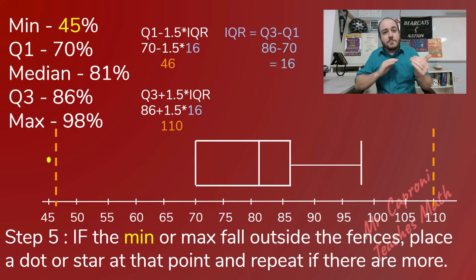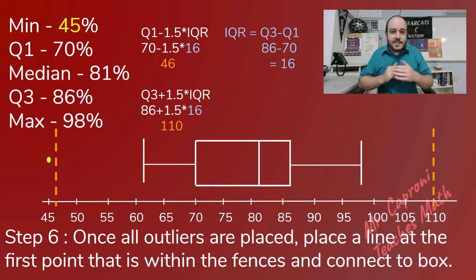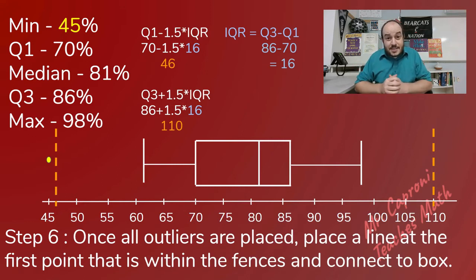Then you move forward by seeing if there are any other points in your data set that would also fall outside of our fences. Now, if there are no other ones, then you can go ahead and move forward, and the next point that is within the fences, you'll go ahead and mark with your line and connect it to your box and whisker plot, just like before. Once you have that all on there, you're done with your box plot.